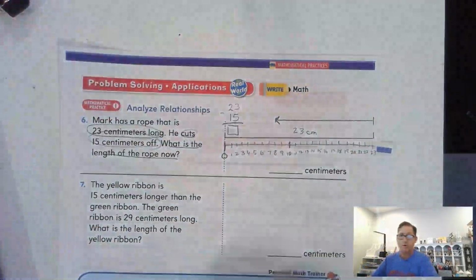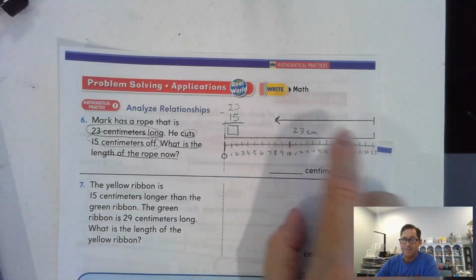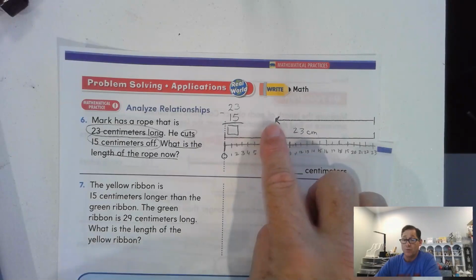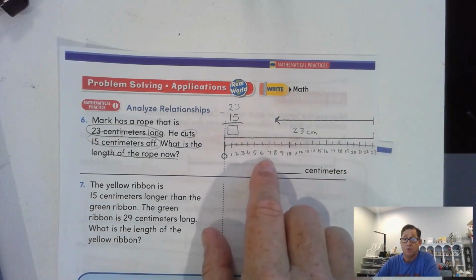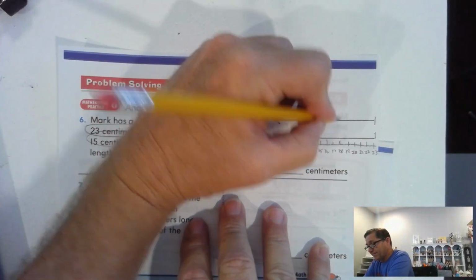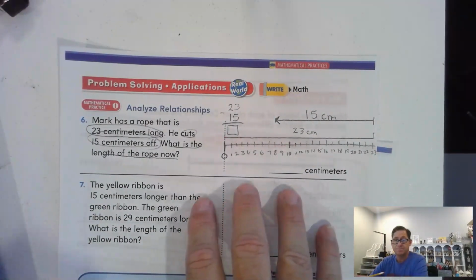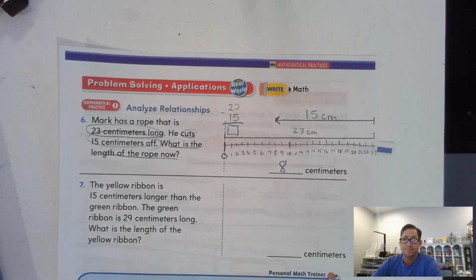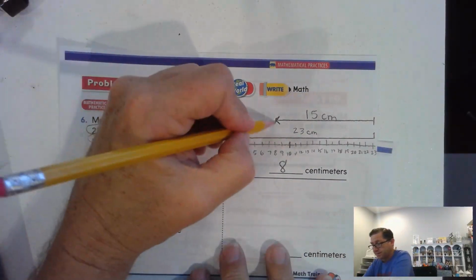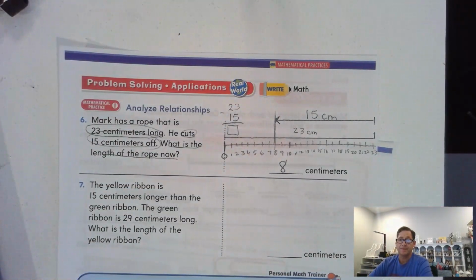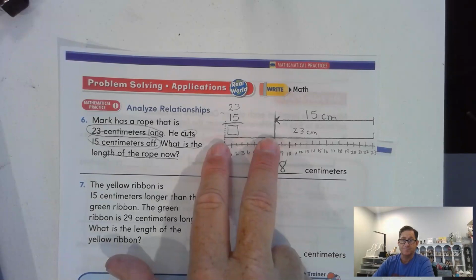Remember we draw a line going to the left because we're taking away from the 23, so we're getting smaller. We took away 15 centimeters, so we're left with 8 centimeters. This is the length of his rope now.